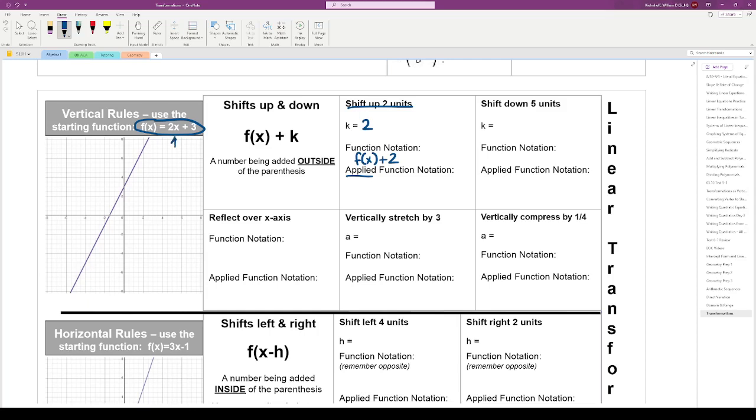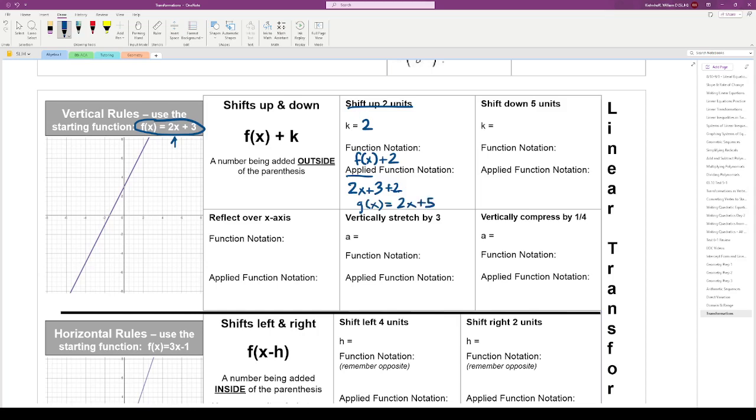So f of x equals 2x plus 3. So where f of x goes, I put 2x plus 3, and then after the f of x is a plus 2. Then we're going to combine like terms, and I'm going to put g of x, our transformed function, equals 2x plus 5.